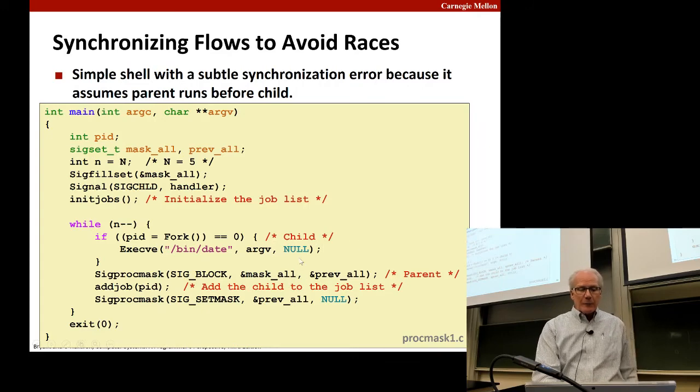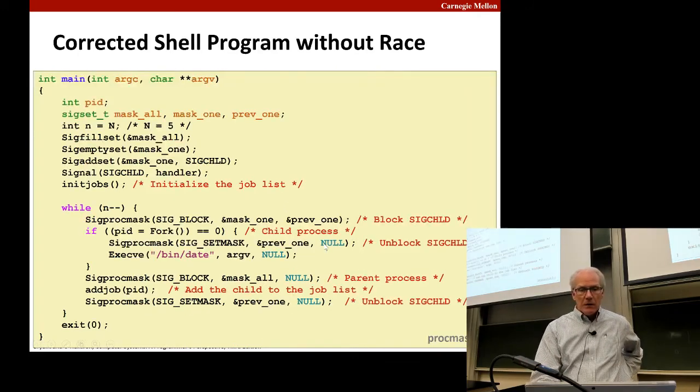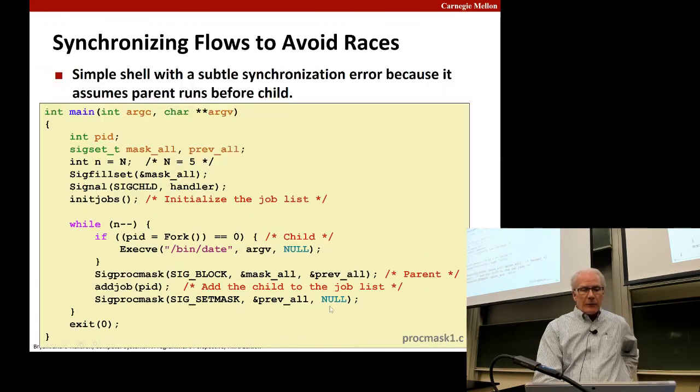But there's a problem with this program. And the problem is that it sort of assumes that the parent is able to add this job, block and unblock the signals before the child executes and completes.